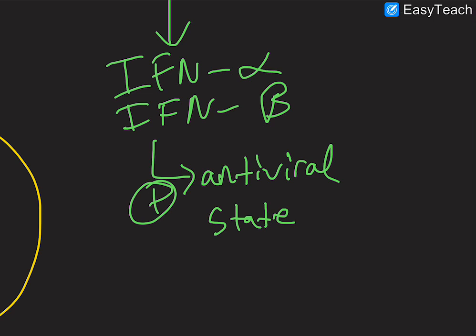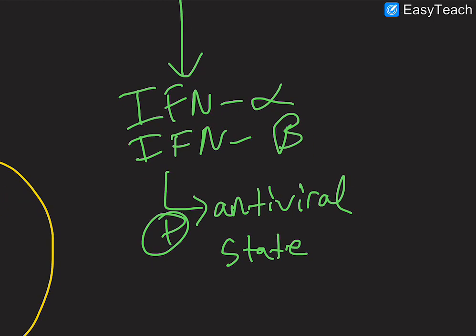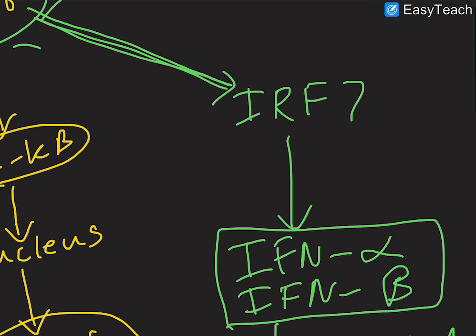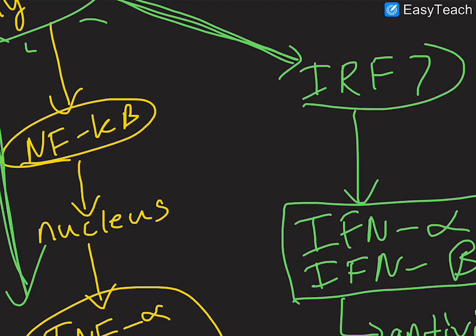And we know MHC1 expresses viral particles onto its cell surface, which then helps CD8 cells destroy that cell so you can contain the virus. All right, so different tasks like that help reduce viral spread, and that's the job of interferons. That's why you can give interferons for certain viral infections like COVID or hepatitis or something like that, so you can reduce the viral spread. All right, so that's the importance of the IRF activation.